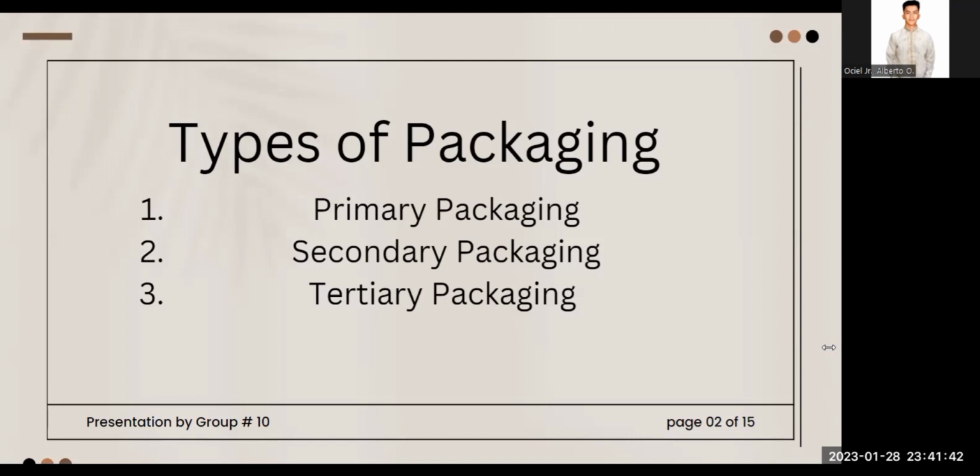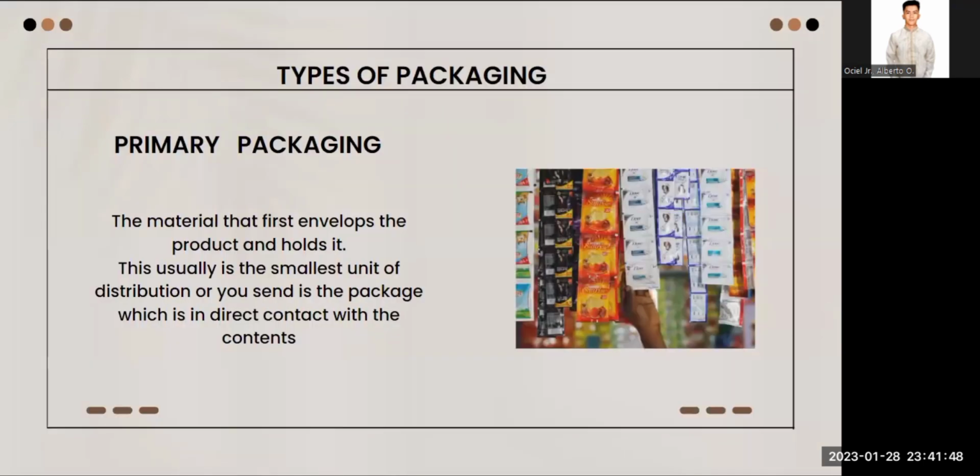Let's start with the primary packaging. Primary packaging is the material that first envelops the product and holds it.